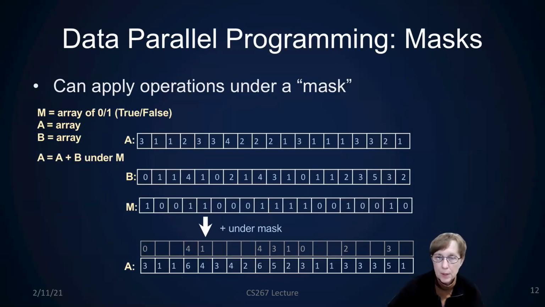Now, the other thing that comes up in data parallelism is the idea that as we're performing these array operations, and we saw a little bit of this on Tuesday talking about GPUs, we're going to want to mask some of the logical processors that are associated with each of the array elements. So maybe I should have said that to begin with. We can think of each one of these elements as having a processor sitting at it, and so we can do computation right there at any one of the array elements.